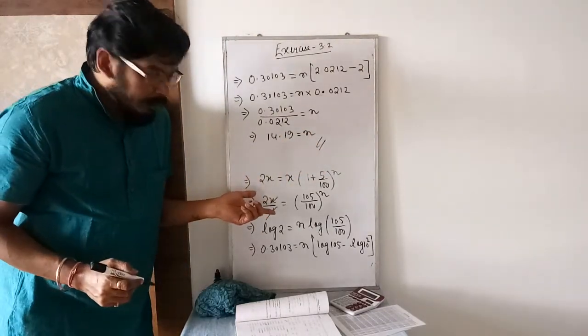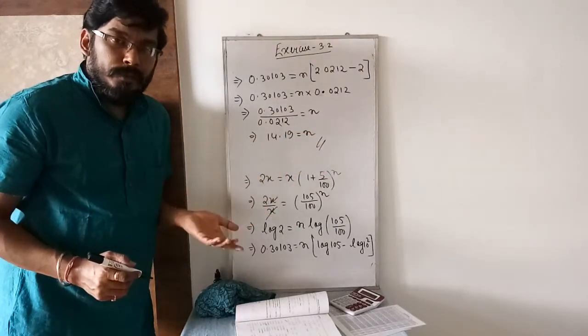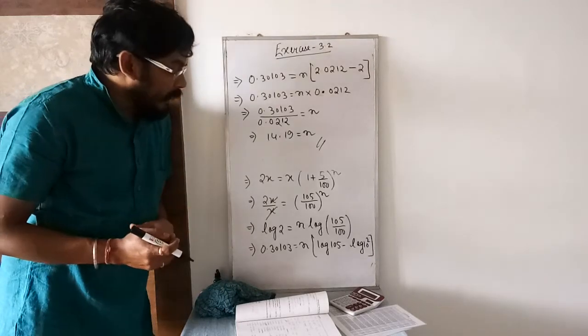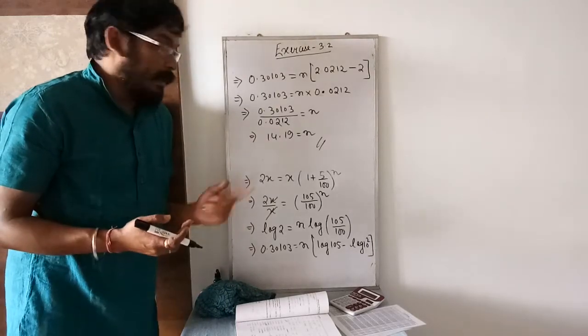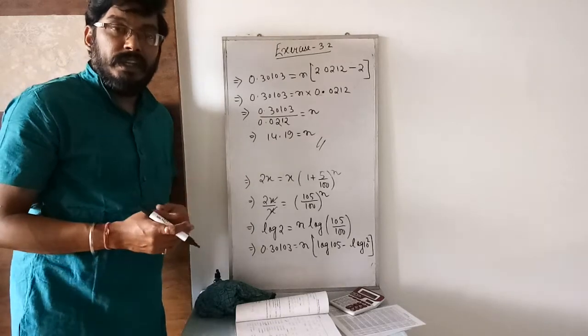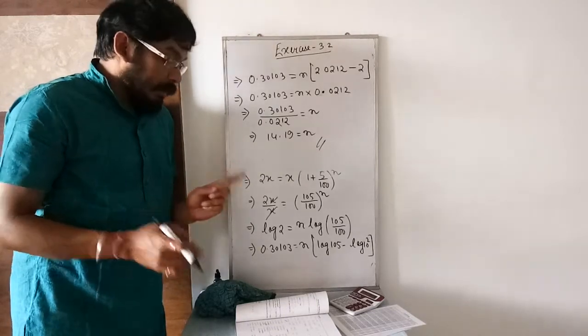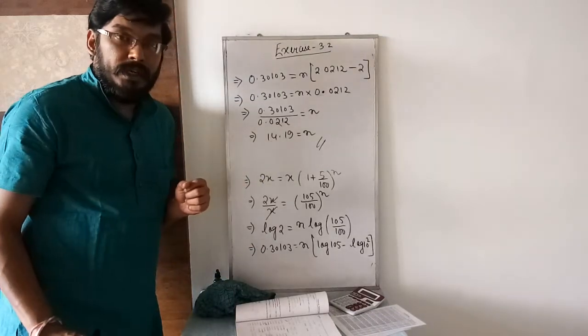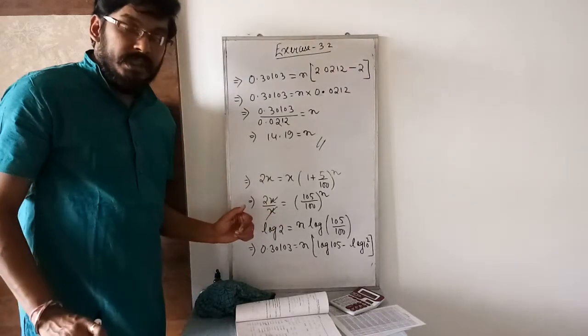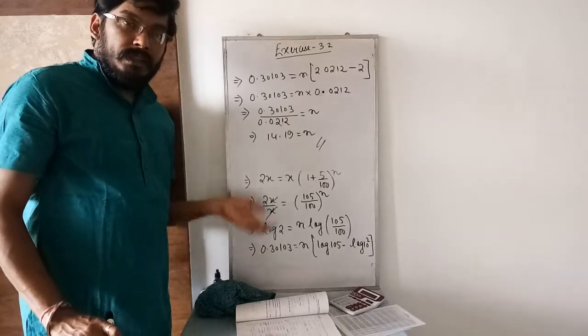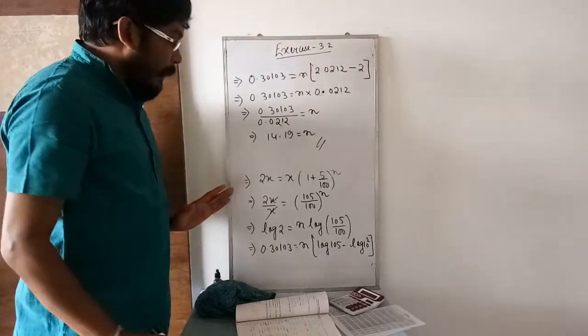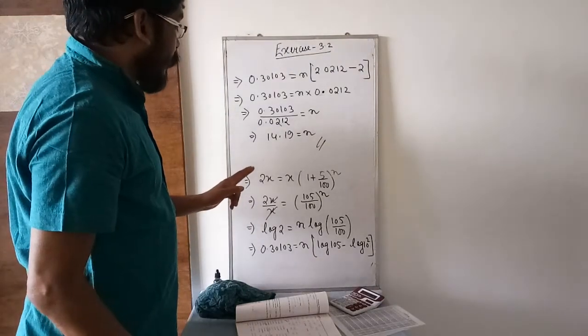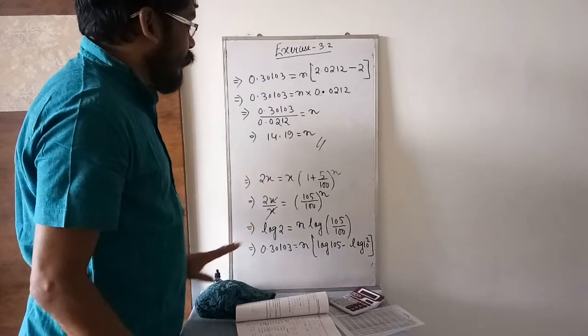Now let me say I got this answer. Maybe I have not found any mistake. If you find any calculation mistake, rectify it, because the answer did not match the given answer. In the book it is given 17.7 and I got 14.19. I have not found any mistake here, but if you find it, then rectify it. The amount formula is A equal to P into 1 plus r by 100 whole to the power n.